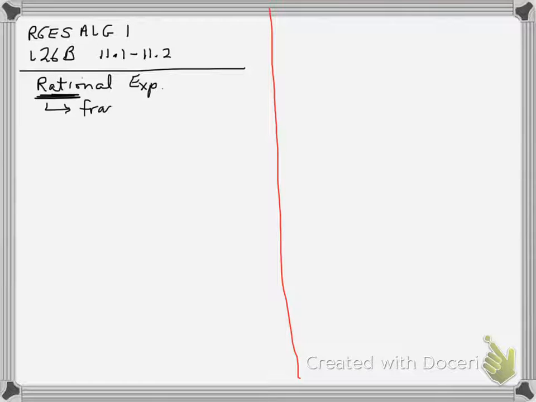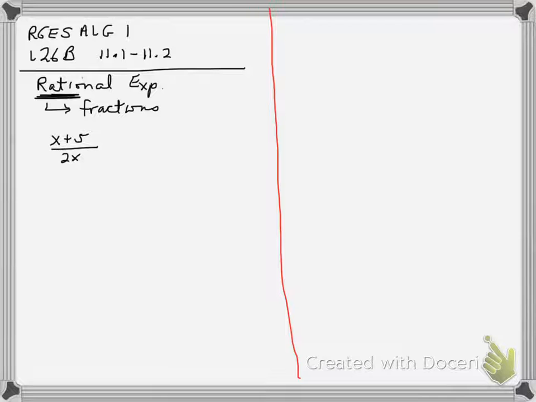So we are thinking of fractions where you have an expression, not just a number, like 2 over 3, but an expression in the numerator, for instance, x plus 5, and an expression in the denominator, something like that, okay?